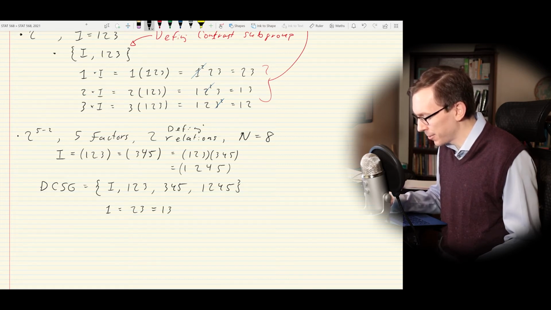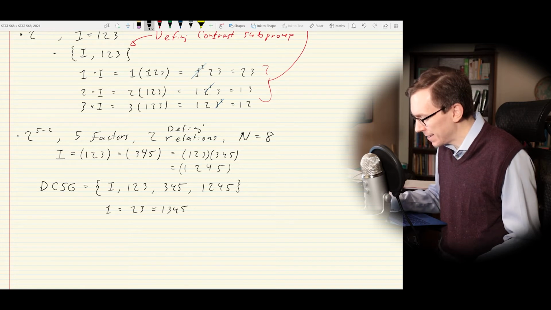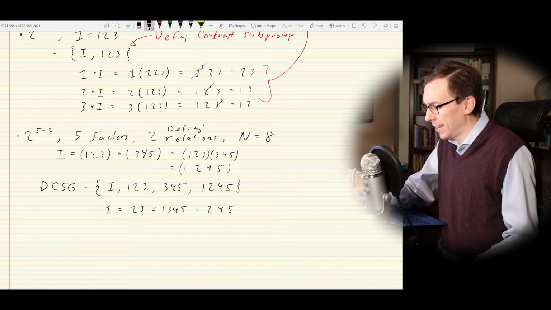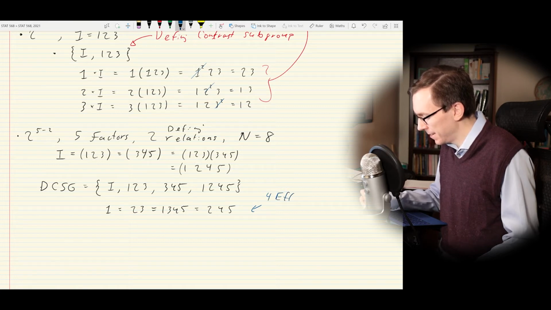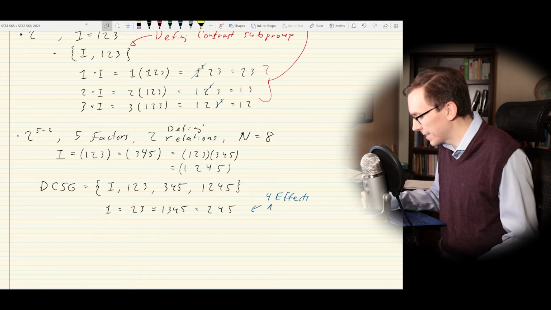And then I multiply it by this last term and the 1's cancel out and I have a 2, 4, 5. So now I have basically 4 effects, interaction effects and a main effect, aliased together.